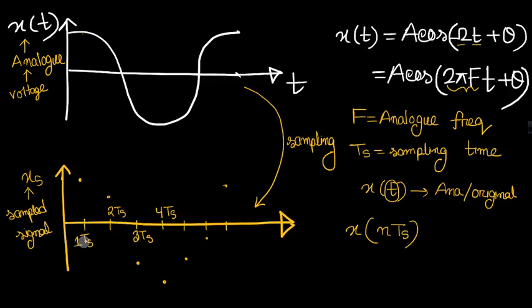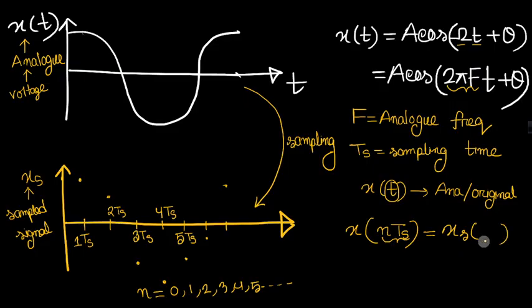See, Ts, 2Ts, 3Ts, 4Ts, then we will have 5Ts. That means n is equal to 0, 1, 2, 3, 4, 5, and so on. So n is an integer number. If I take nTs here, we will get the sampled signal, and that is x[n]. And what will be inside this bracket, we will see later.